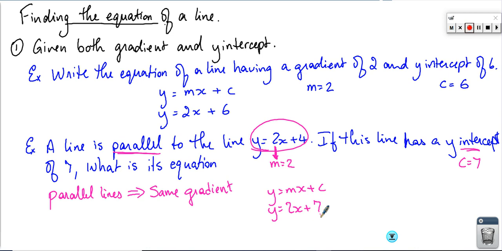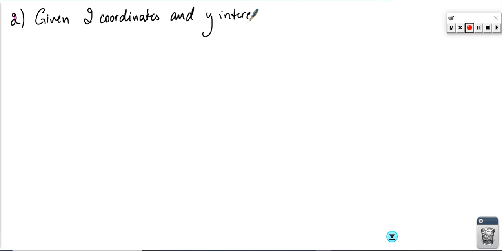The second is when you are given two coordinates and gradient, and y-intercept to find the line.